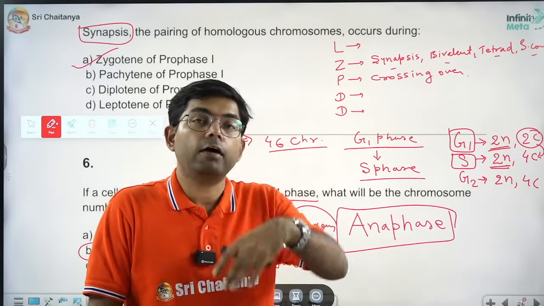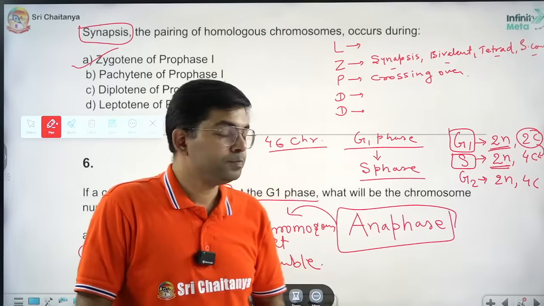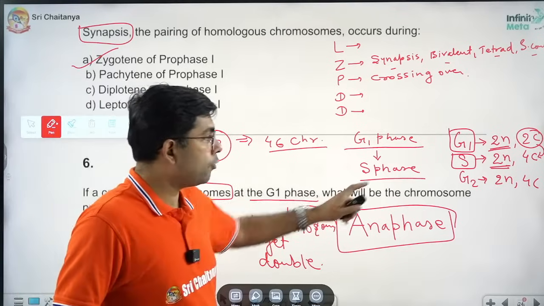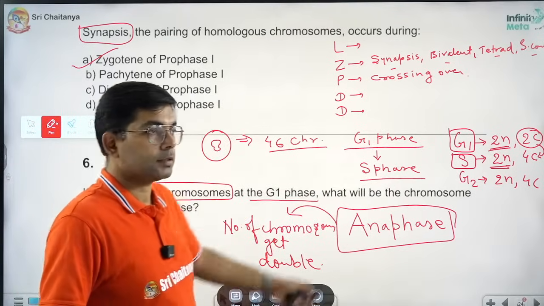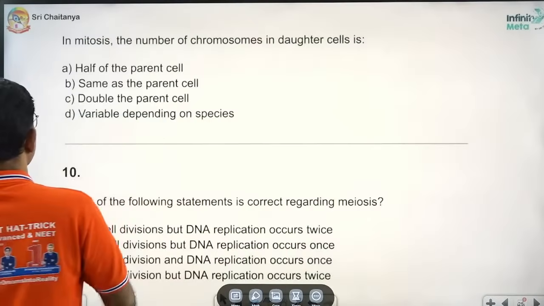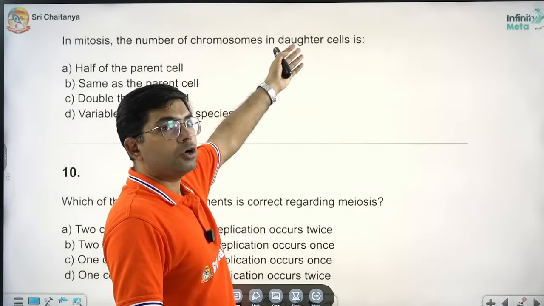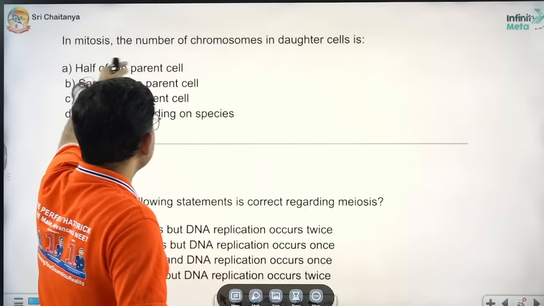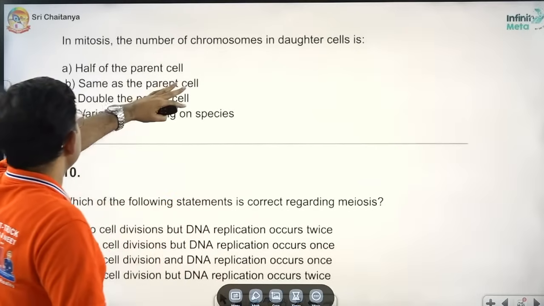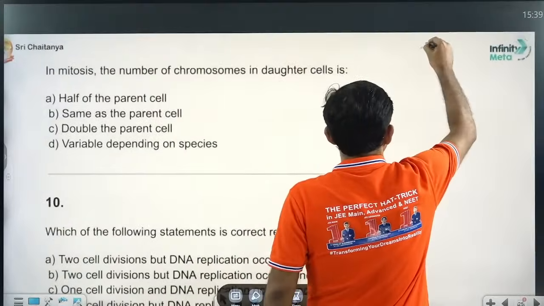But after that in meiosis it will change. Clear? These are some of the points you have to keep in mind, and from here a lot of questions are asked. Now to the next question: in mitosis, the number of chromosomes in the daughter cell is... so in mitosis, what do we see?